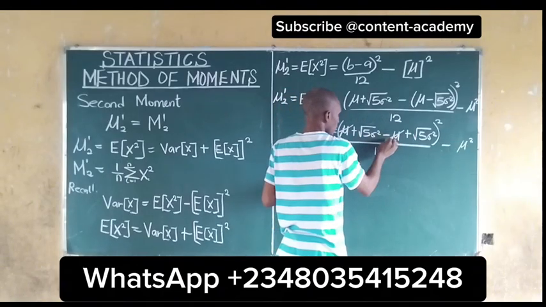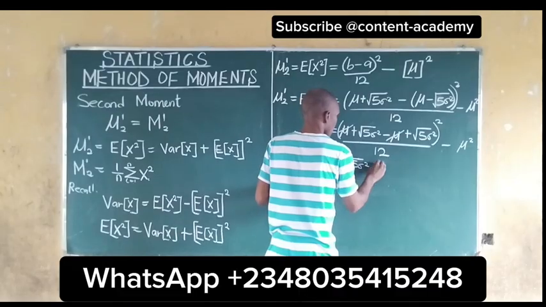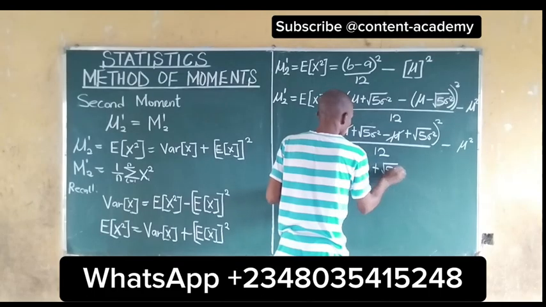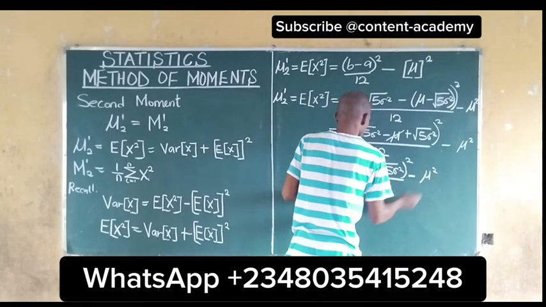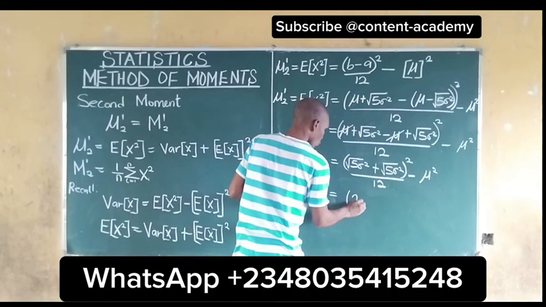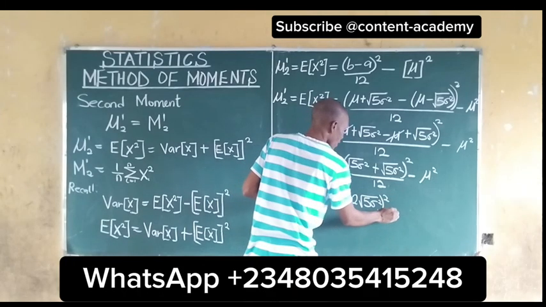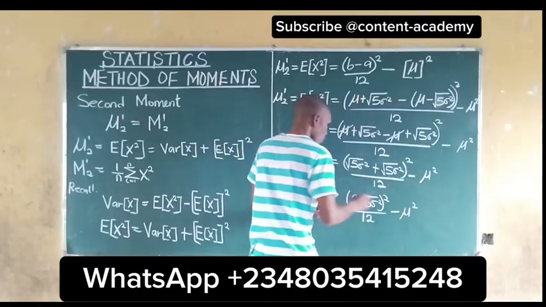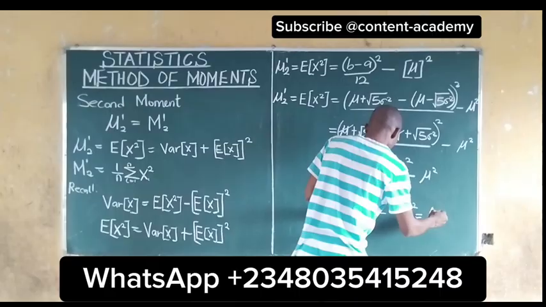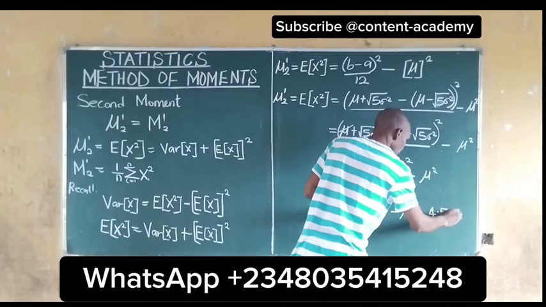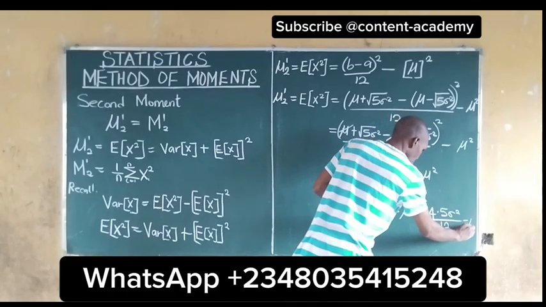Of course, this will cancel this, and we are now left with 5 sigma squared plus square root of 5 sigma squared all over 12 minus mu squared, which is the same thing as 4 multiplied by 5 sigma squared all over 12 minus mu squared.